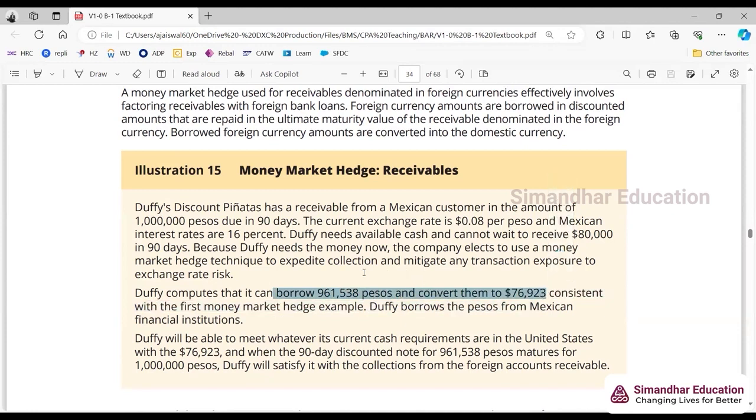Later on when the maturity comes, we are going to repay in pesos, and that pesos will come from our customer. Our customer will pay us in pesos and we'll pay the bank in pesos. I'll take a pause. Any doubts? Please let me know. Nothing? Okay, great.